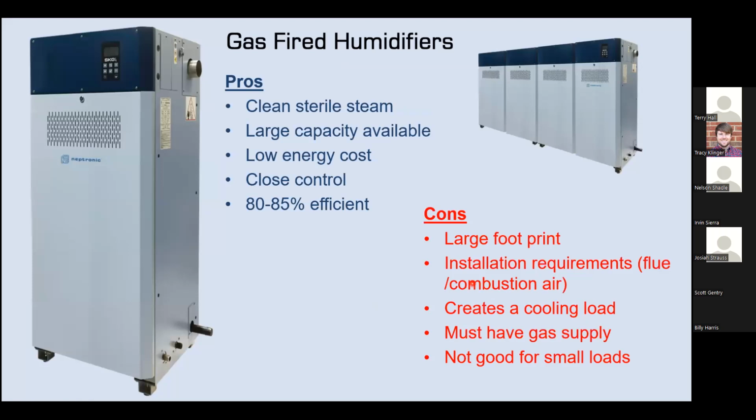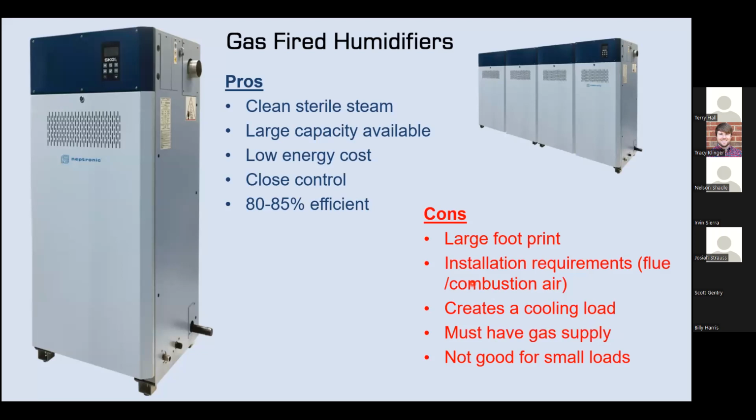Lower energy costs, so the operating costs are going to be lower. You can do good close control if the load is close to the capacity of the humidifier. And they're pretty efficient with gas. Efficiency with electric depends on what's generating the electricity; with the gas, the efficiency is on the unit.